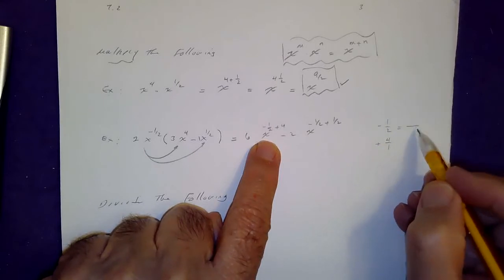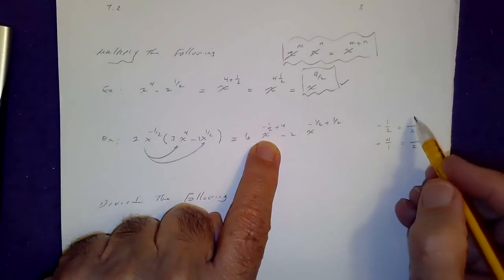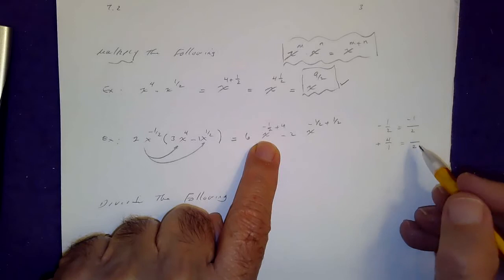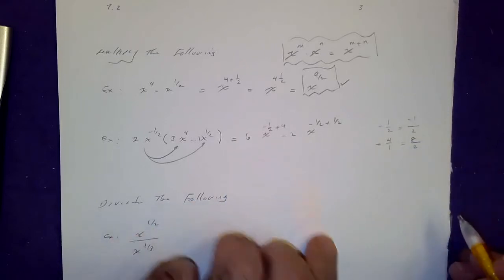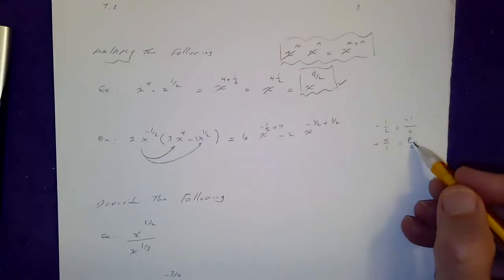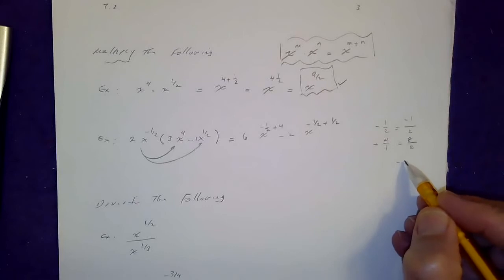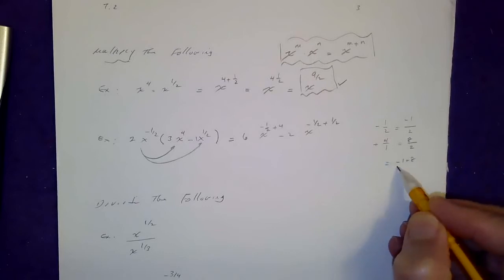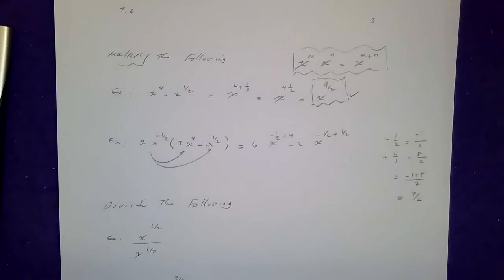You and I both know the LCD is 2. So this guy is negative 1, and this guy is 8. Now that I have the same denominators, I can perform the fraction. And what do I get? 7 halves. Do you see it?